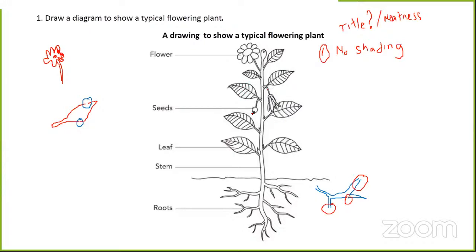Are you seeing any open outline on this drawing? On this plant? No, all gaps have been closed. That's what we do for biology drawings. So you must have a title, it must be neat, and a magnification.